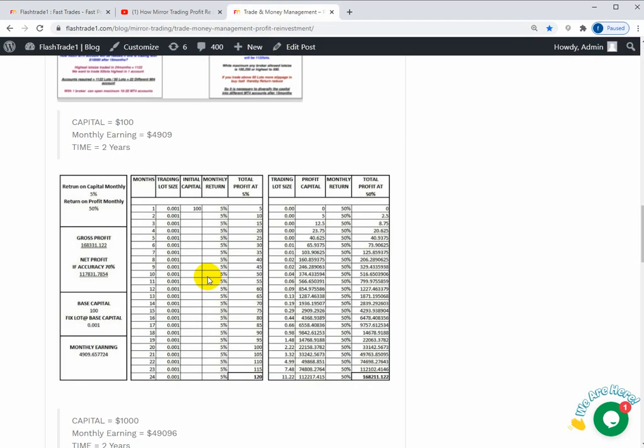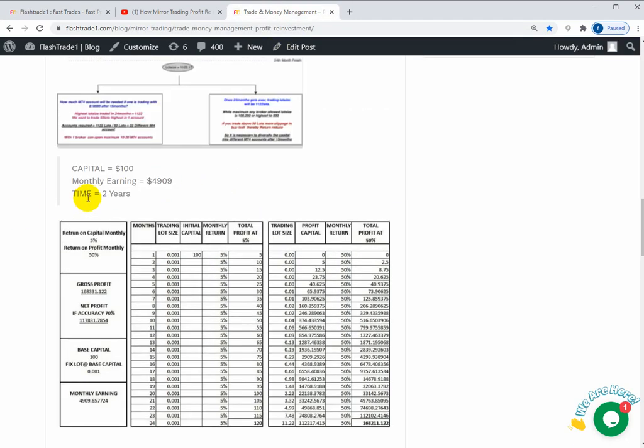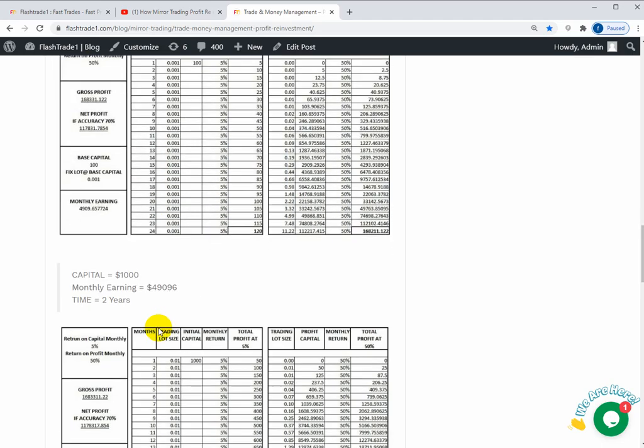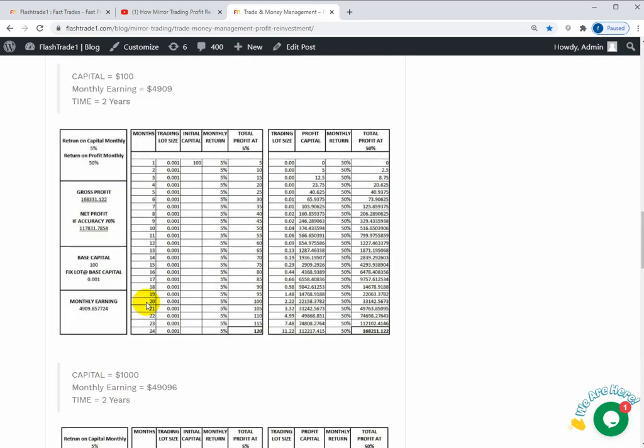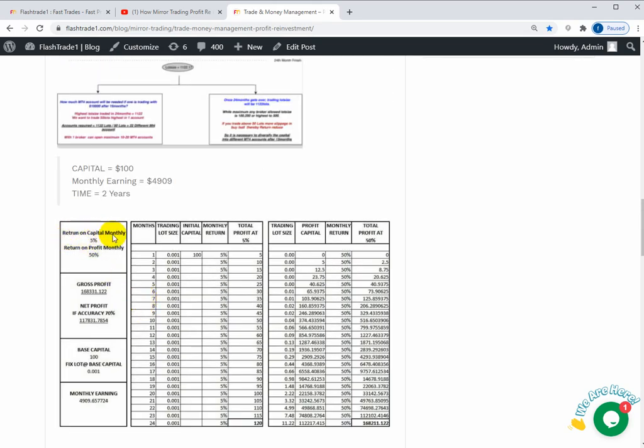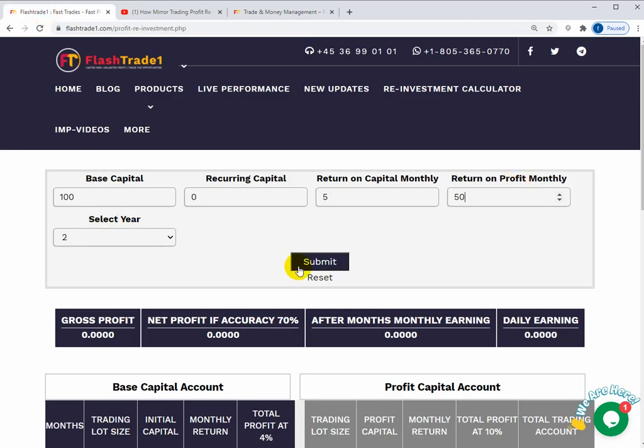In this table you can also see the blog where the entire calculation has been shown for capitals of 100, 10,000 and 100k. So here we have chosen the capital, return on capital which is 5% on the first MT4 account, and return on profit which is 50% on the second. Time period I've chosen 2 years, and I will click submit.